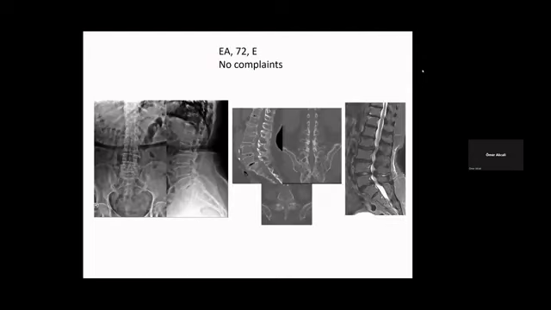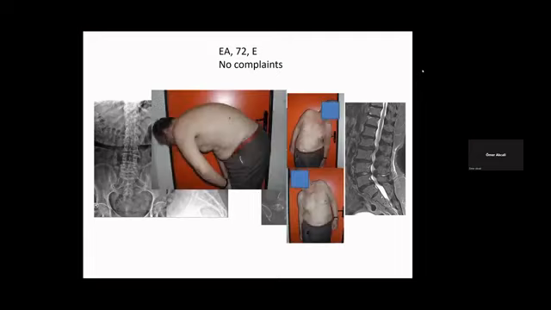In daily practice, you can see these types of patients very frequently. You can see significant degenerative changes on plain X-rays, CT scans, and MRI, but clinically the patient has no major symptoms and does not require surgical intervention.